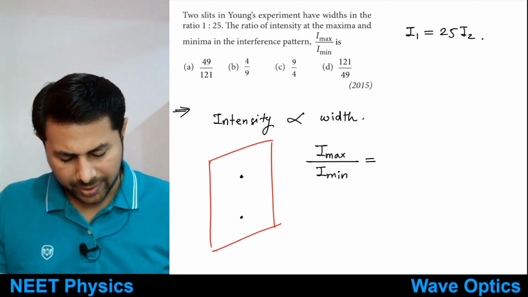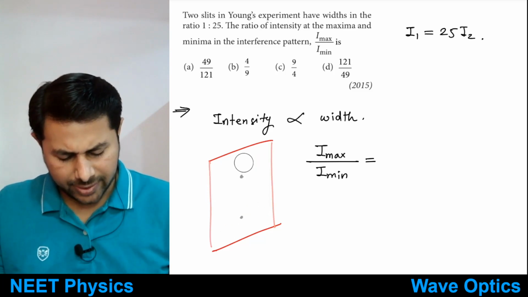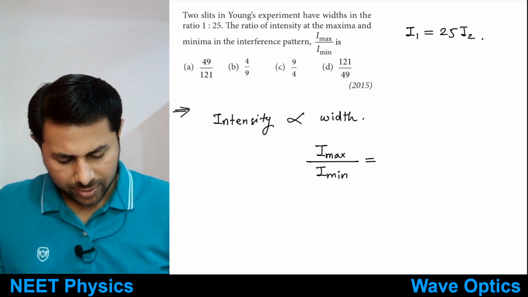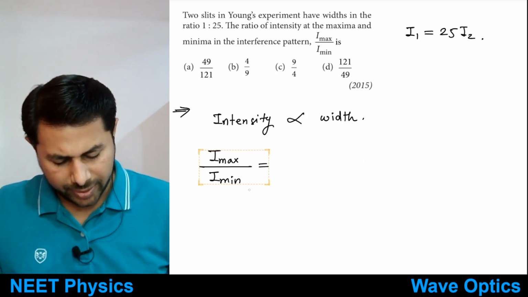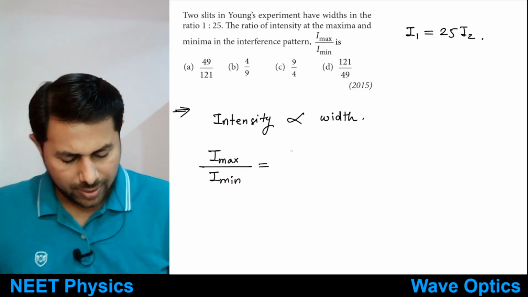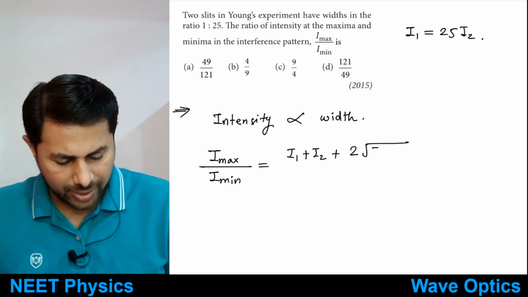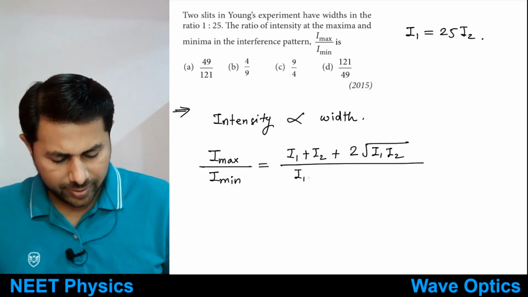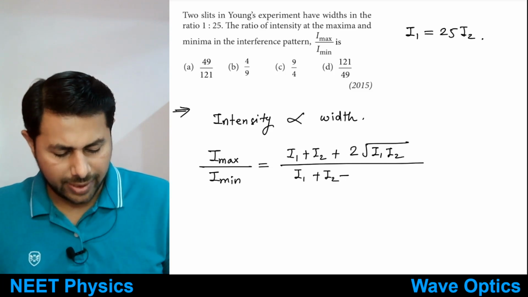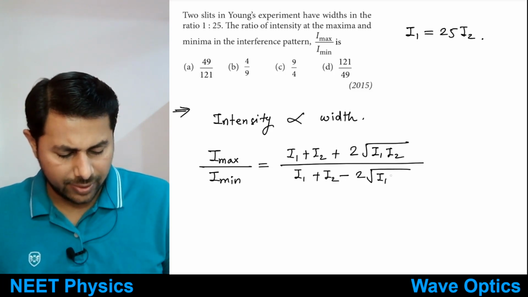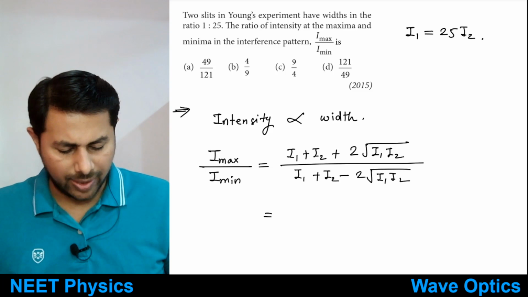So Imax by Imin, I will get rid of this thing. So Imax by Imin would be equal to what? Just equal to I1 plus I2 plus 2 times root of I1 I2, and this thing is I1 plus I2 minus 2 times root of I1 I2. Just put values.